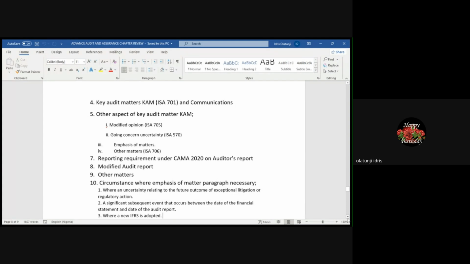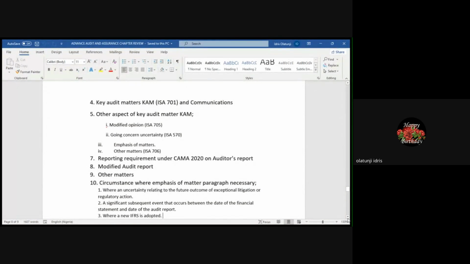This is the situation whereby the company is trying to hide something, which in the long run will have an effect on the financial statement, and the auditor can also have an issue with it, since investors can be lured to invest in that account. So the auditor can also emphasize that matter in the auditor's report.